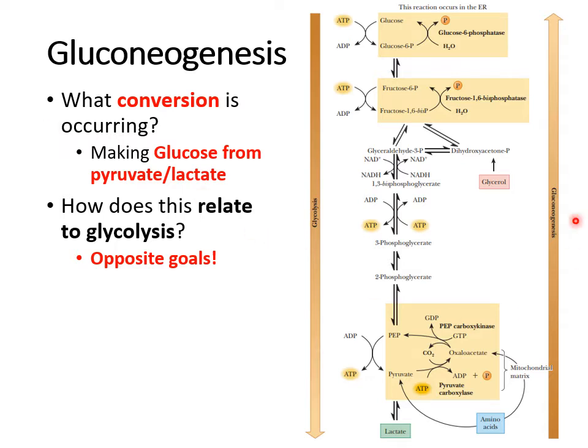But if you look at this figure here, the ultimate goals of these two reactions, glycolysis versus gluconeogenesis, are completely opposite. In glycolysis, you're breaking down glucose and heading toward products of pyruvate and lactate, whereas in gluconeogenesis, you're using those products to head toward glucose.